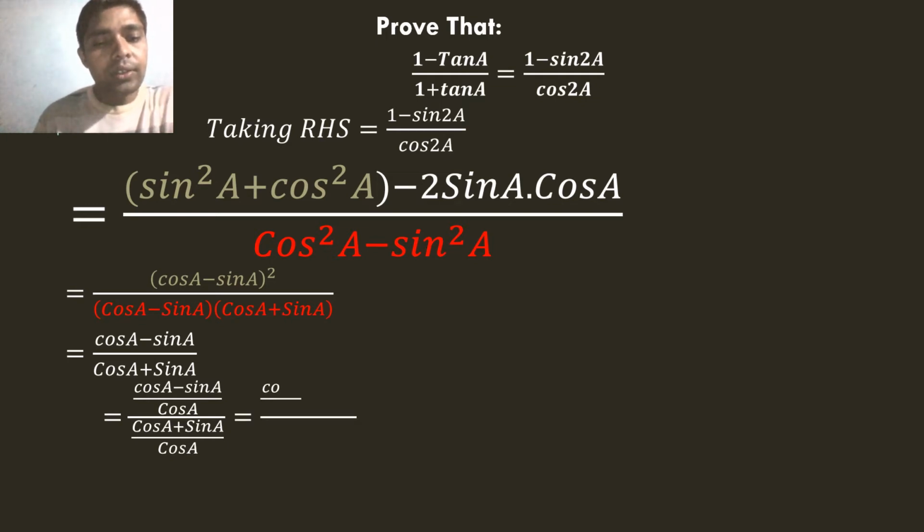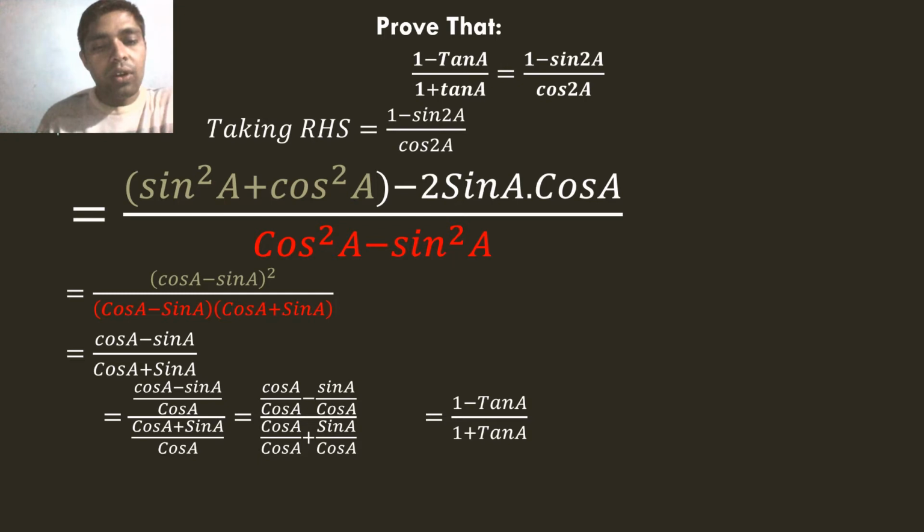Then we have cos a upon cos a minus sin a upon cos a, and in the same way in the denominator cos a upon cos a plus sin a upon cos a. This we get in tan format as (1 minus tan a) upon (1 plus tan a). This is our LHS which we had to prove.